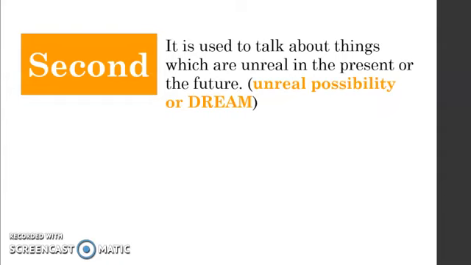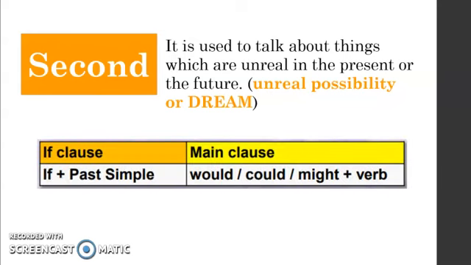However, the result of this condition will not happen, or there is no real possibility. In short, you are just dreaming that things will happen. Okay, so the form of this conditional is if plus the past simple, and then in the main clause, we have would, could, might, plus the verb.